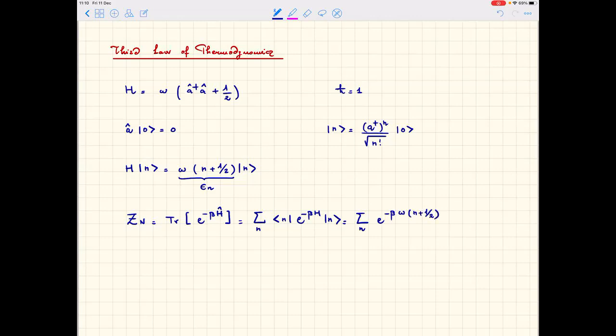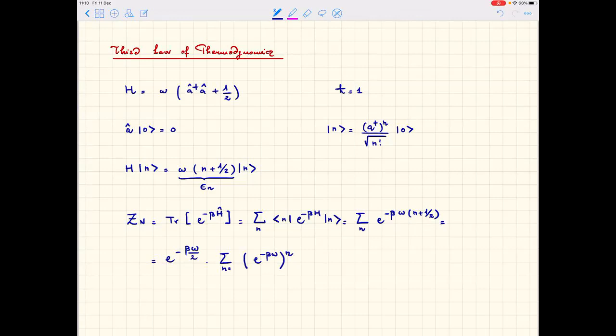In other words, I can write it as e to the minus beta omega divided by 2 times the sum over n of e to the minus beta omega to the power n.